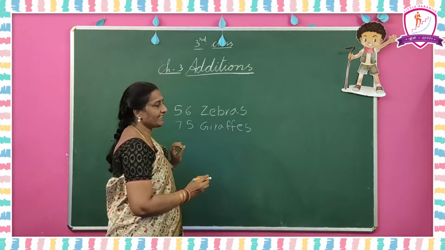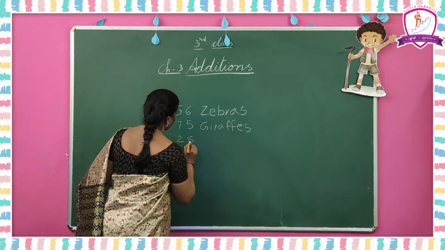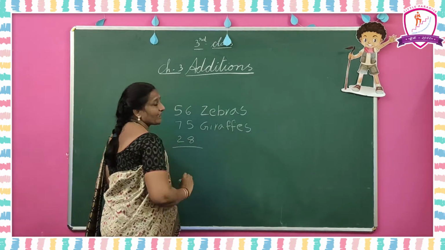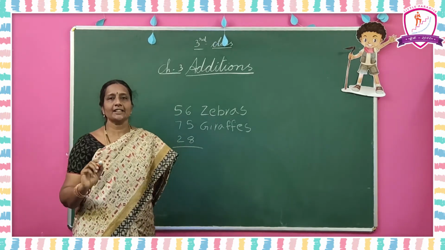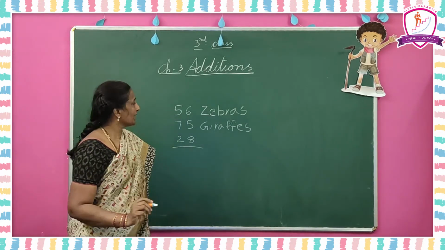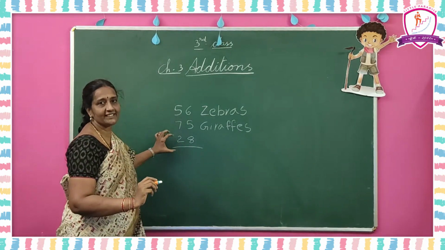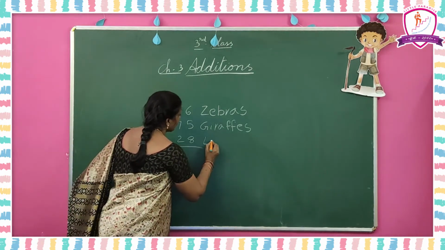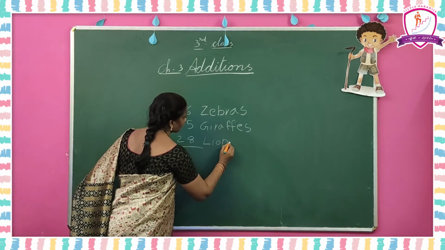And how many lions are there? 28 lions. Her mother asked her, how many animals did you see in the zoo? That means add all these numbers.